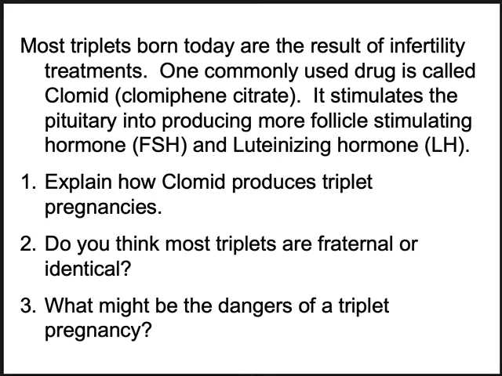Okay, so I trust that you took time to answer these questions. Clomid stimulates the pituitary to release LH and FSH. And so what's that going to signal the body to do? To mature more oocytes. So if you mature more oocytes, you're more likely to end up with multiple oocytes being released during ovulation.